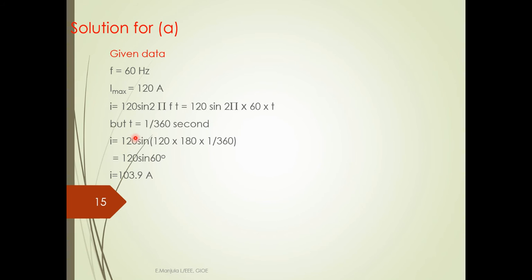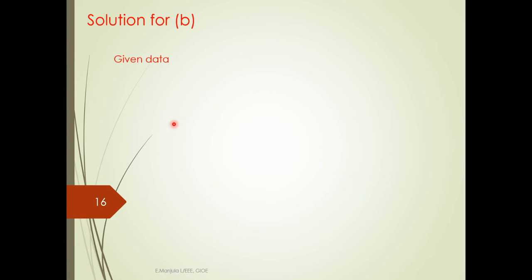So I is equal to 120 sine of 120 pi into 1 by 360, which is equal to 120 sine of 60 degrees. Hence I is equal to 103.9 amps. That is the instantaneous value at t equal to 1 by 360 seconds.